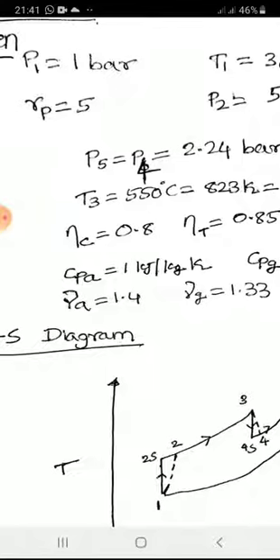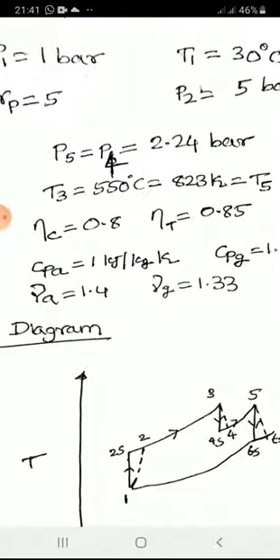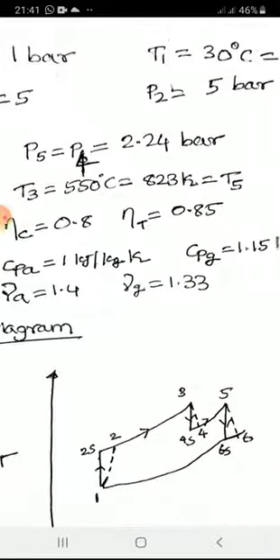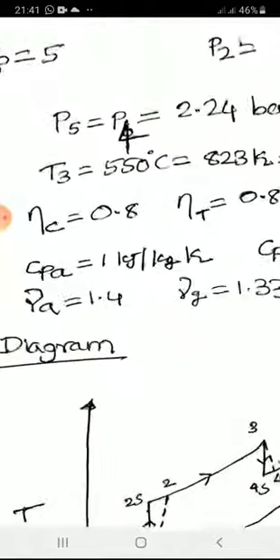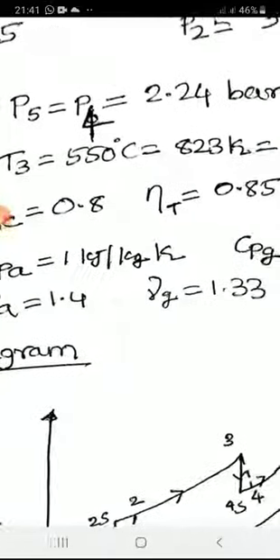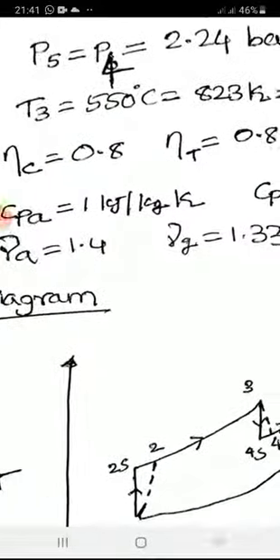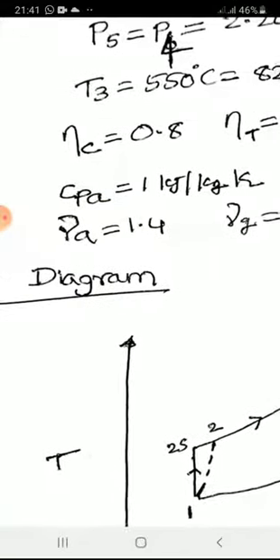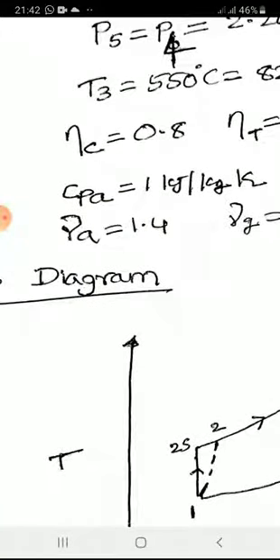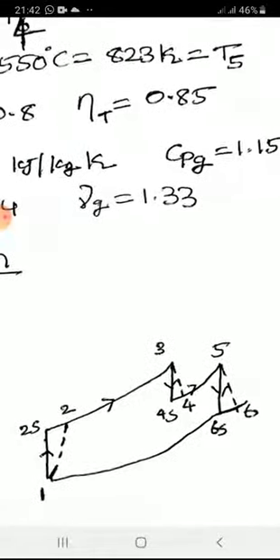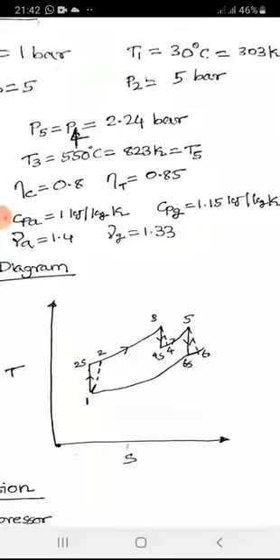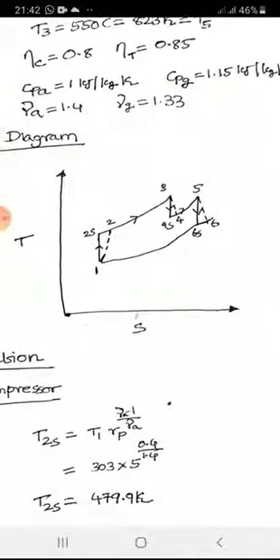So intermediate pressures P4 and P5 will be 2.24 bar, and the maximum temperature of cycle T5 and T3 will be equal to 550 degrees Celsius, which is 823 Kelvin, and isentropic efficiency of compressor is 0.8 and isentropic efficiency of turbine is 0.85. As we said earlier, Cp for air is 1 and gamma for air is 1.4, and Cp for gases is 1.15 and gamma for gases is 1.33.